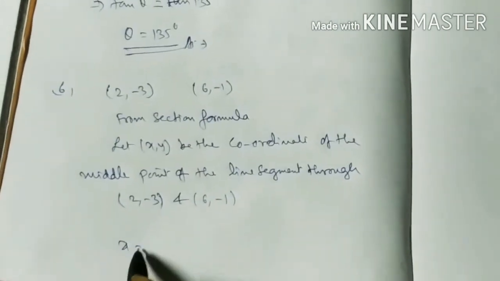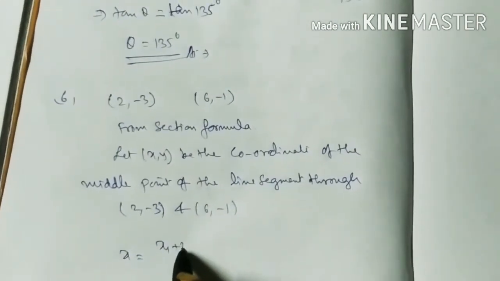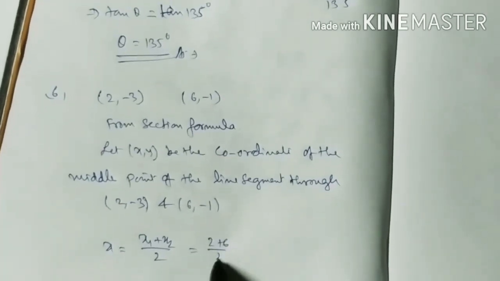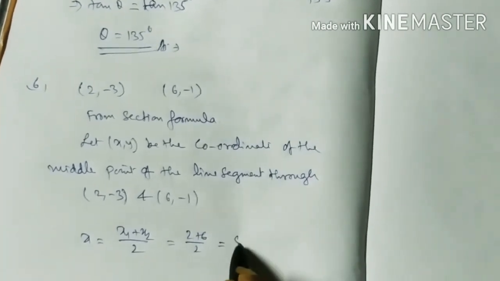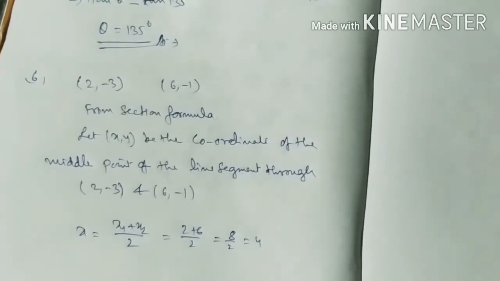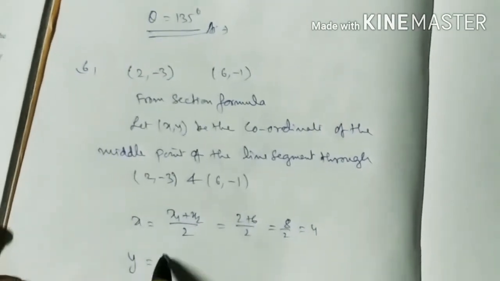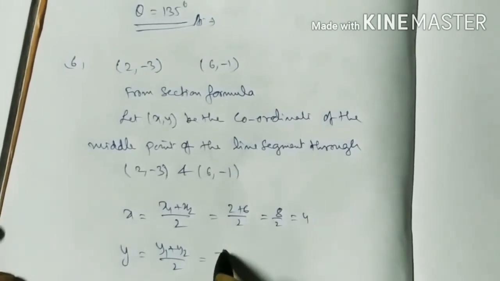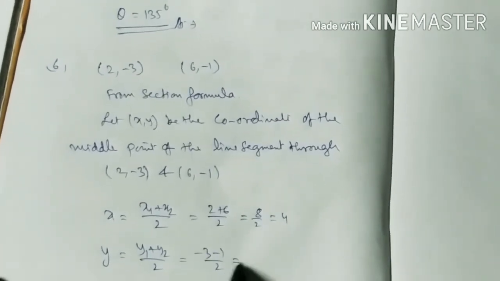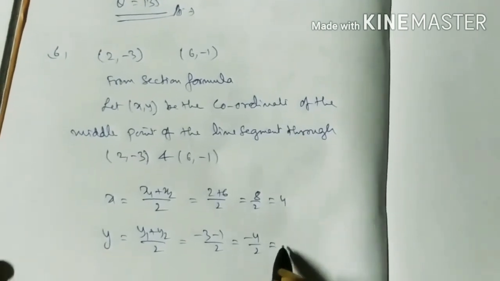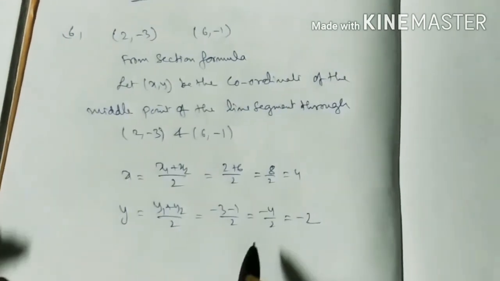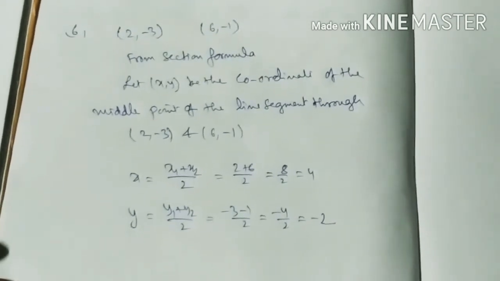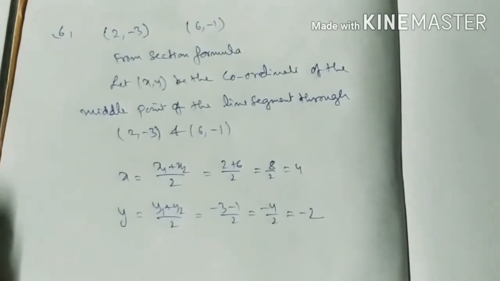So x will be equal to (x1 plus x2) by 2, which is (2 plus 6) by 2, 8 by 2. This is equal to 4. And y is equal to (y1 plus y2) by 2, that is (-3 minus 1) by 2, minus 4 by 2, that is -2.